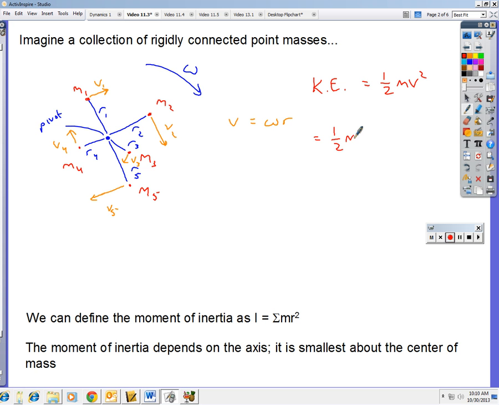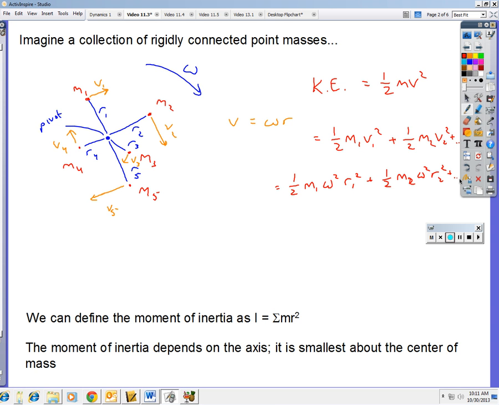So it's 1/2 m1 v1 squared plus 1/2 m2 v2 squared, and so on, which we can write as 1/2 m1 omega squared r1 squared plus 1/2 m2 omega squared r2 squared, and so on, because remember, the speed of the particle equals the angular speed of the whole thing times the distance of that particle from the pivot.